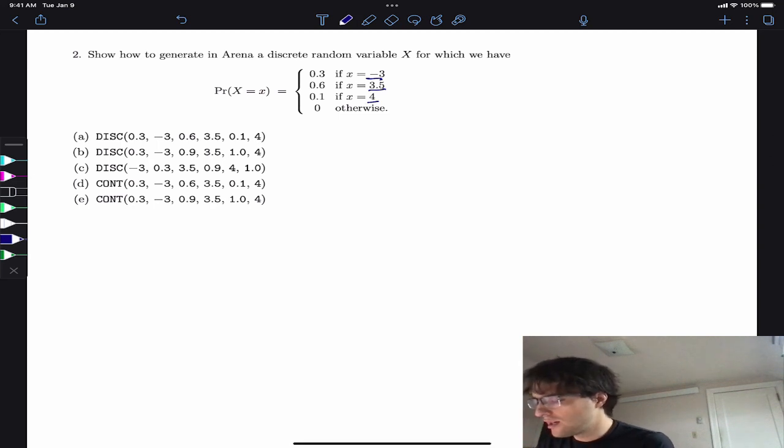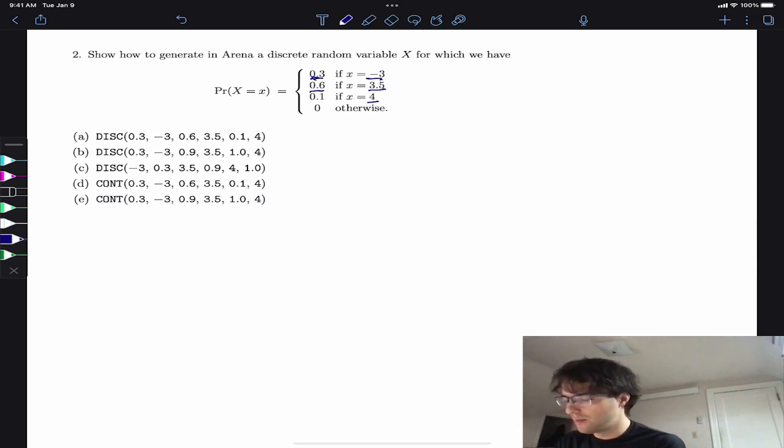And -3 will happen with probability 0.3, 3.5 will happen with probability 0.6, and 4 will happen with probability 0.1. And the 0 otherwise just says that for all other values, there's a probability of 0.